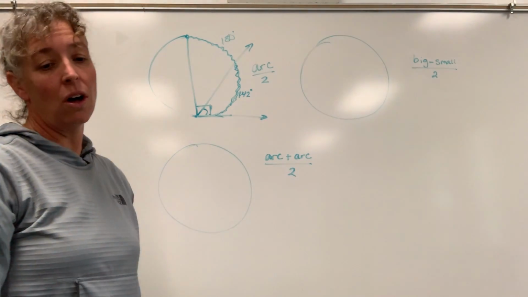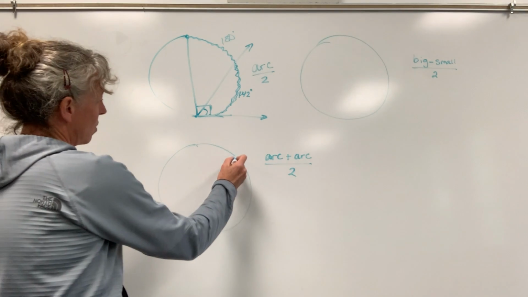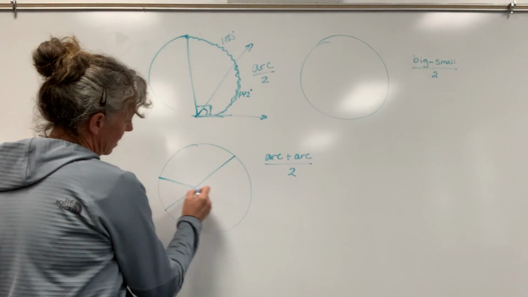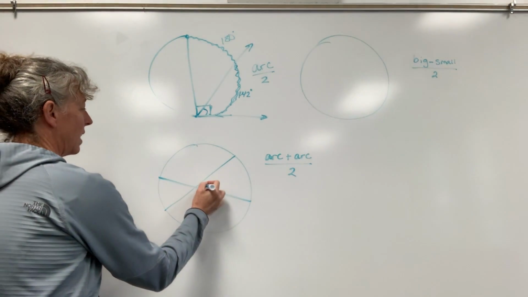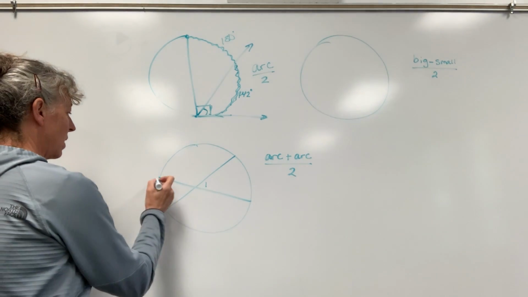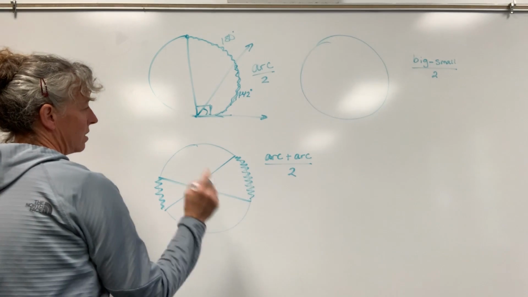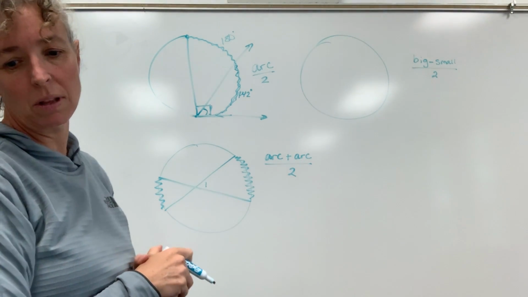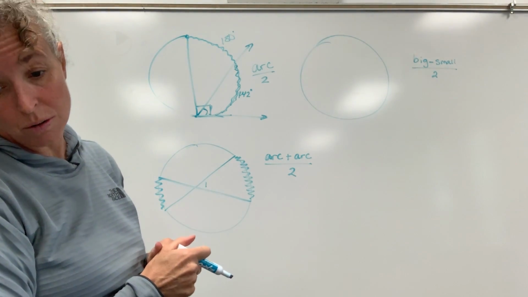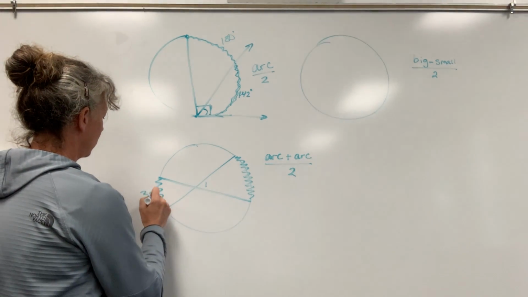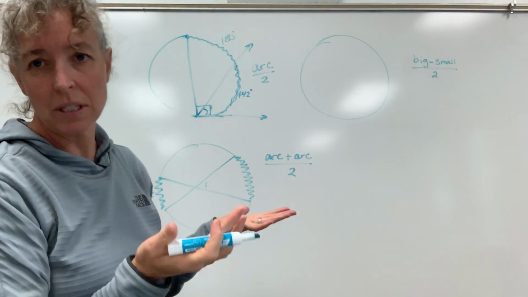Also, if you have chords crossing each other like this and you need to find the angle, like angle 1, it's the arc here plus the arc here, divided by 2. In example 2, this is 32 degrees and this is 100. They can work with secants too, by the way.